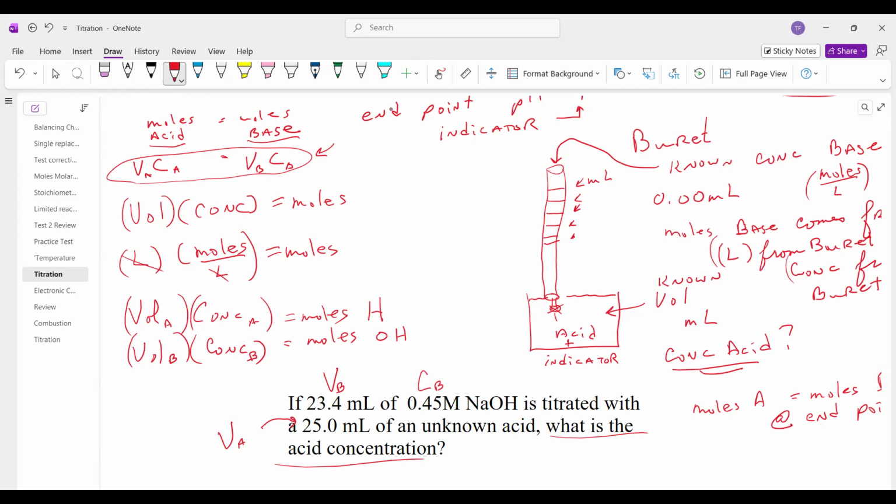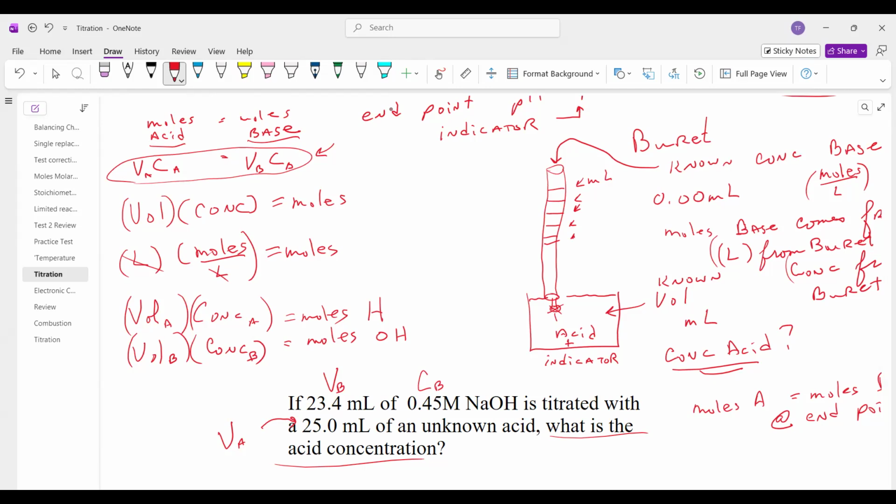And if it's not in liters, you convert it to liters. So if it's milliliters, you convert it. Moles per liter. That's why when you multiply the volume times moles per liter, the liters cancel out, leaves you with moles.